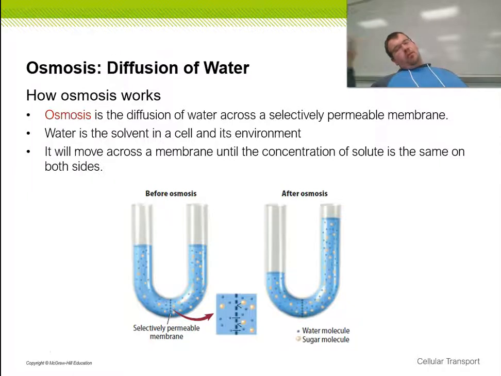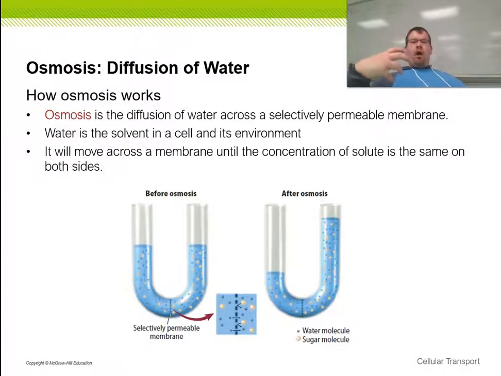And the important thing to remember about this is that water is the solvent in our cells and the environment. That's why it's so important to stay hydrated. And this is how it works for us. Water moves across the membrane until the concentration of solutes is the same on the inside and the outside of the cell.